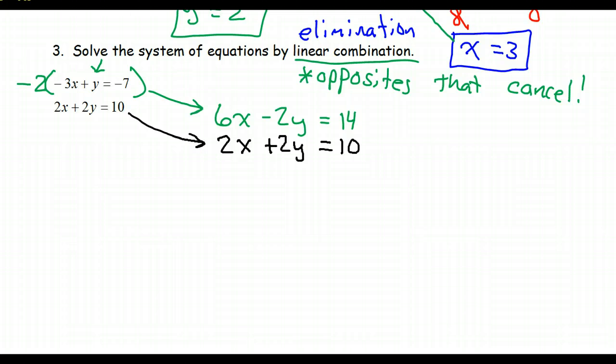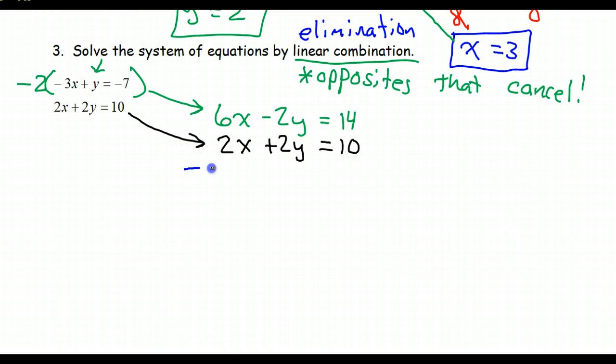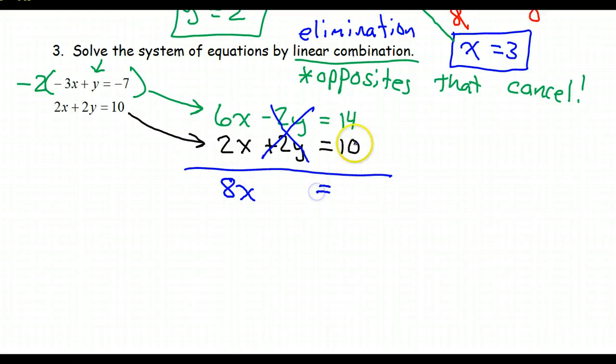Once you have your equations with opposites that cancel, we are just going to combine like terms like this. Now, we made sure that one of the variables had terms that were opposites so that they would cancel, and they did. Now the rest of this, combining like terms, we're going to get 8x, and combining these, I'm going to get 24.